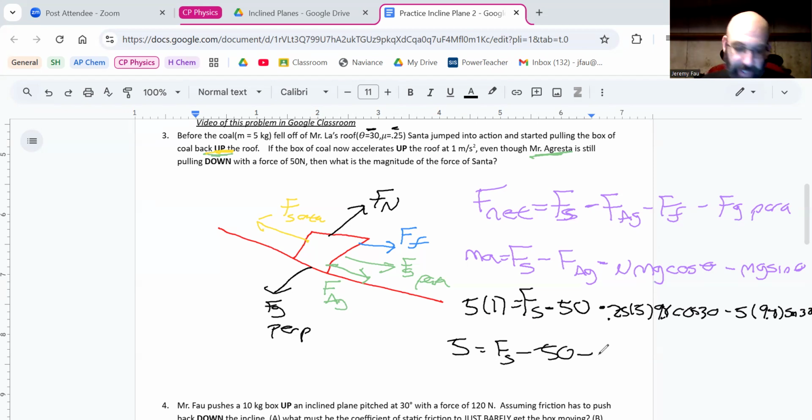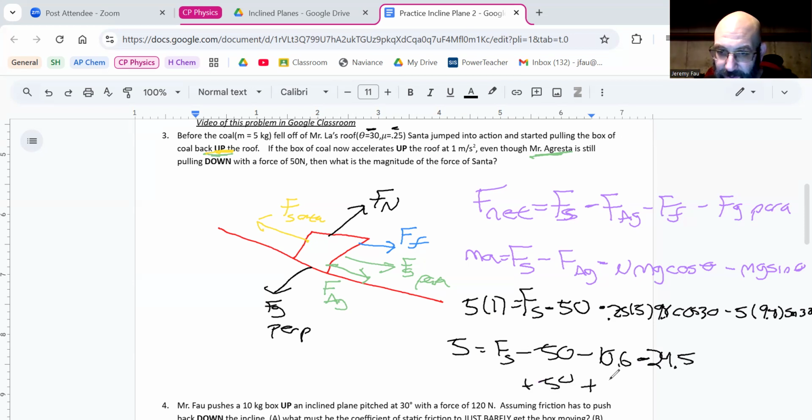The next term, 0.25 times 5 times 9.8 cosine 30, that's 10.6. And the other term, 5 times 9.8 sine 30, that's going to be 24.5. So we can bring each of these numbers over by adding them.